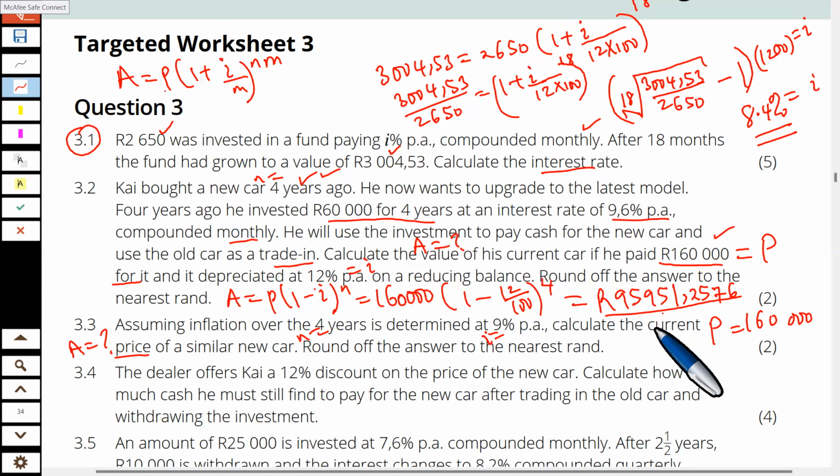So obviously in 3.3 now, we're dealing with the inflation. So it means that we are going to use the formula A equals P into 1 plus I to the power n. So 1 plus, okay, it's 9%.